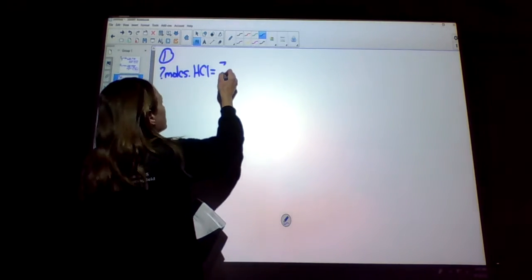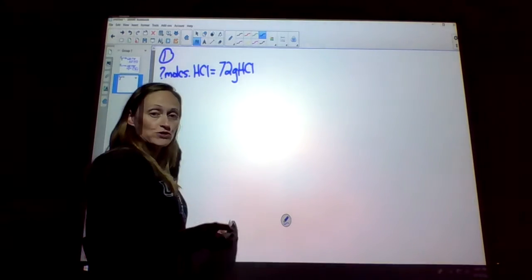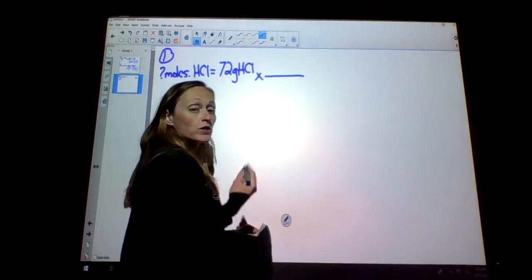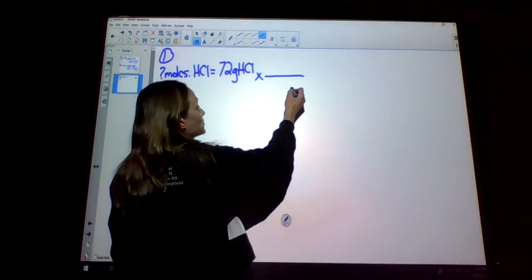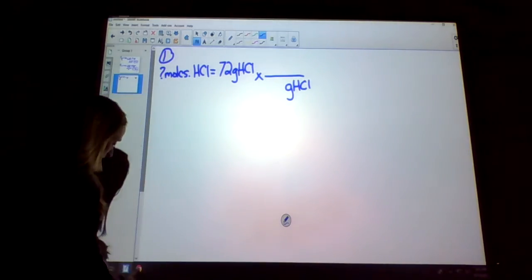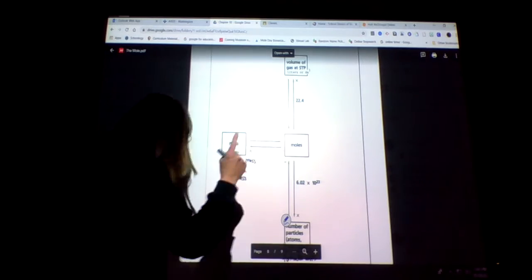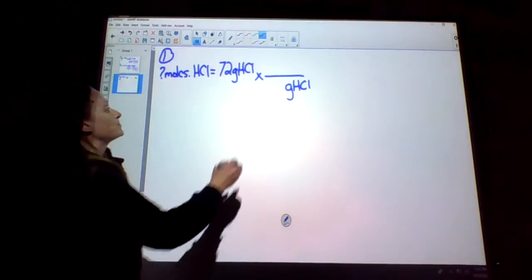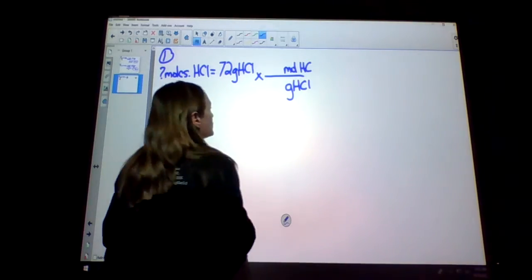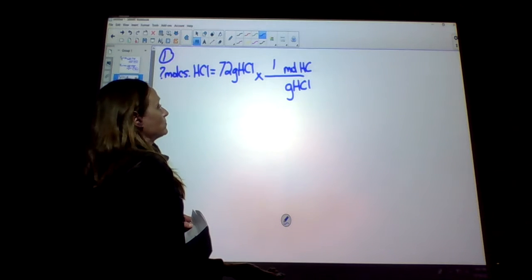We are given 72 grams of HCl. If we want grams to cancel, grams will go in the bottom. And like I said, our mole diagram is showing mass to moles, so moles will go in the top. Our number 1 will always go with our moles with this type of problem.